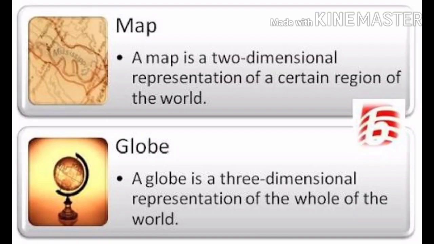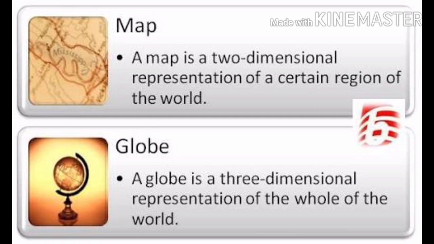Now the difference between map and globe. A map and a globe are different from each other in the following ways. You can see the difference with the image that is shown. A map gives us a two-dimensional presentation of certain regions in the world, while a globe gives us a three-dimensional presentation.